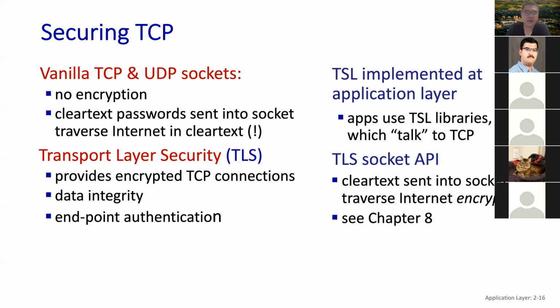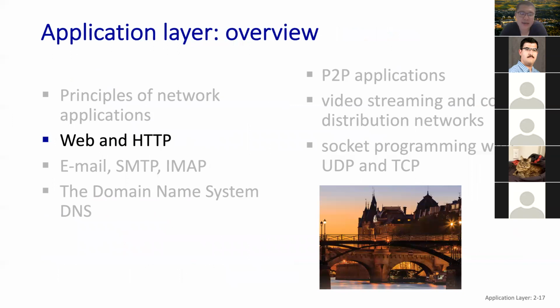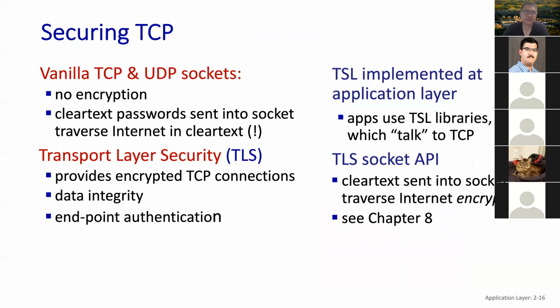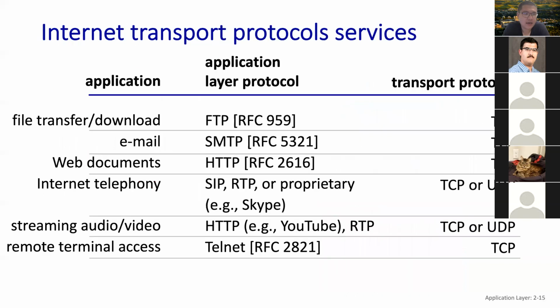Later we will talk about the web and HTTP, email, DNS, P2P one by one. For this lecture, I just gave you a quick overview of the principles of application layer protocols and some concepts.